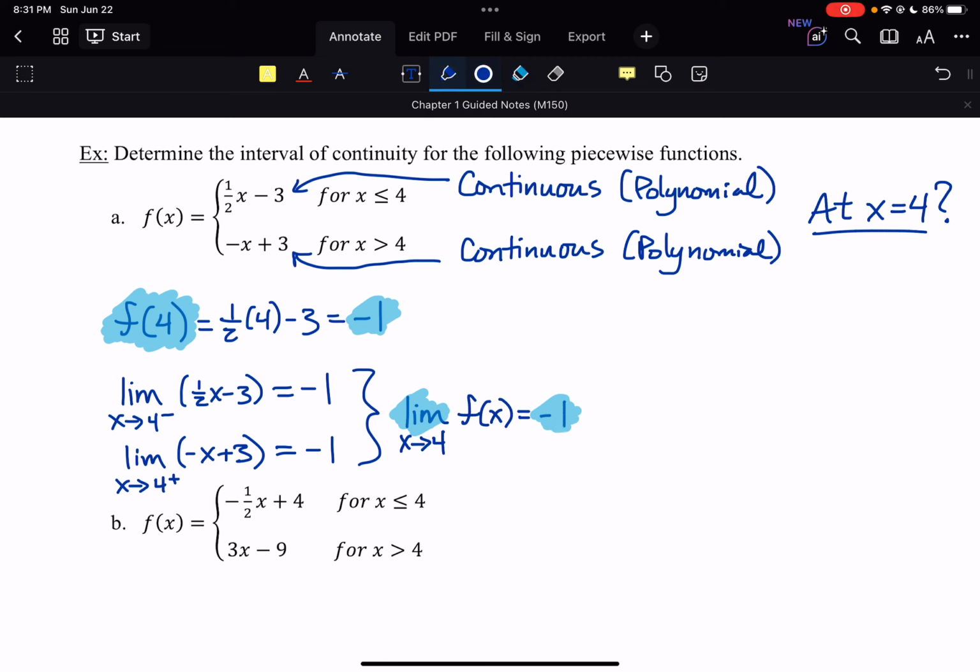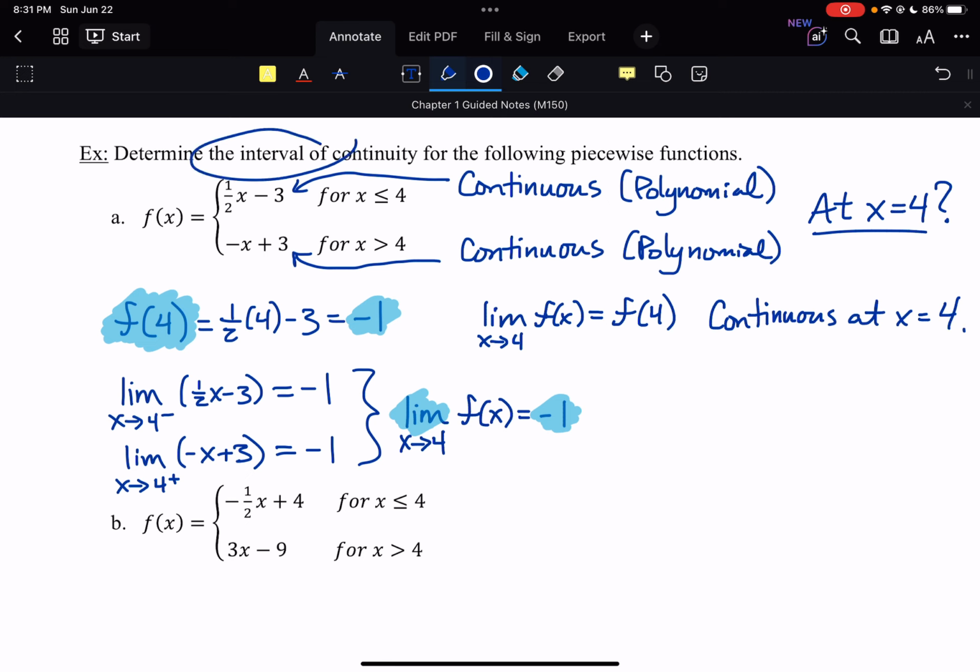These values, of course, match. So the limit as x approaches 4 of f of x equals f of 4. So it is continuous at x equals 4.